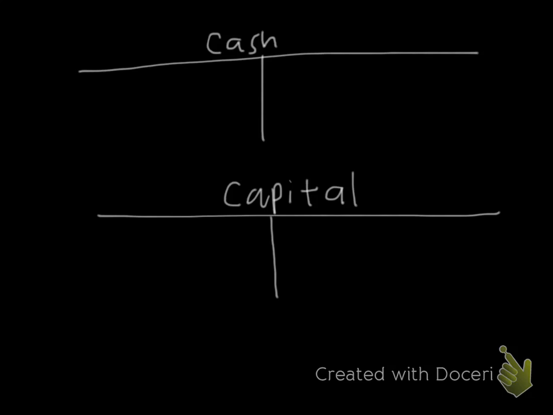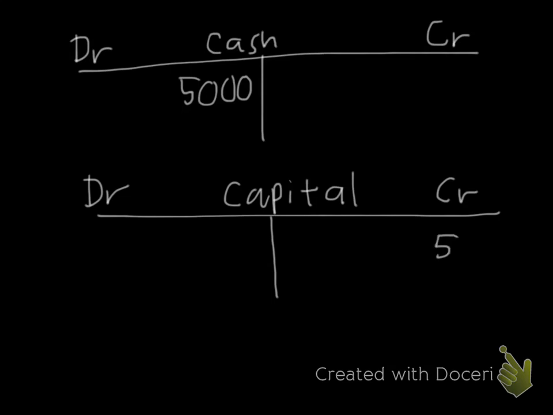And we also understand that debit side is always on the left hand side and credit is on the right hand side. The same goes to the capital account. In step 2, we already identified that the cash account will be debited by 5,000 and the capital account will be credited by 5,000.